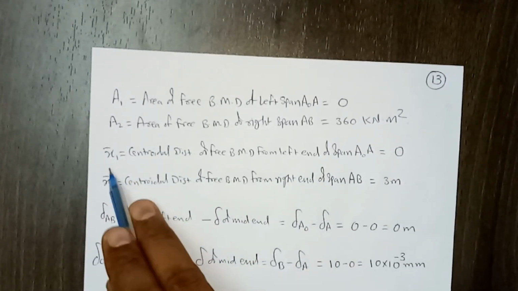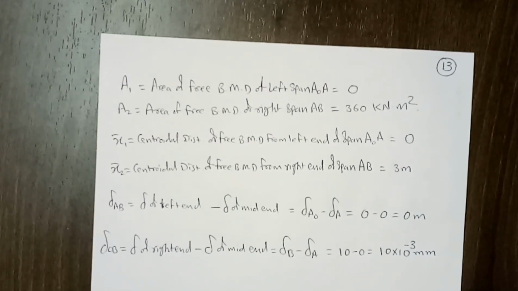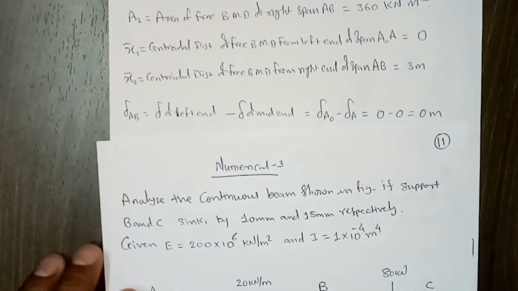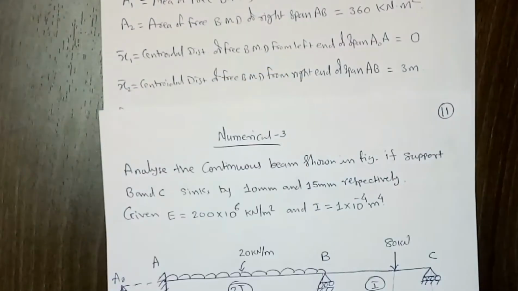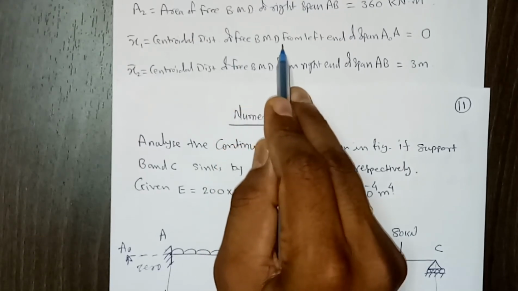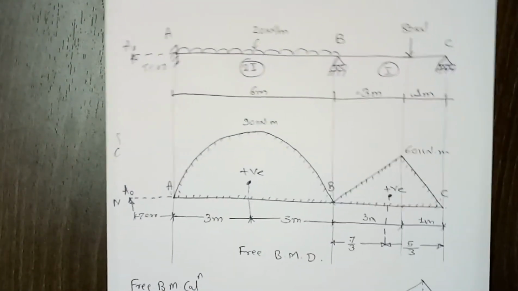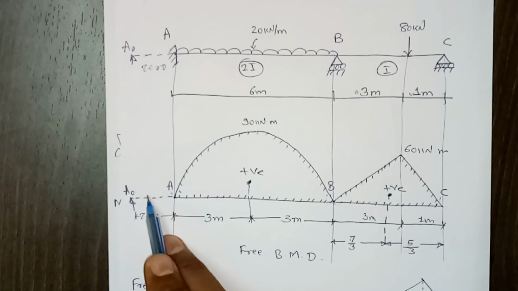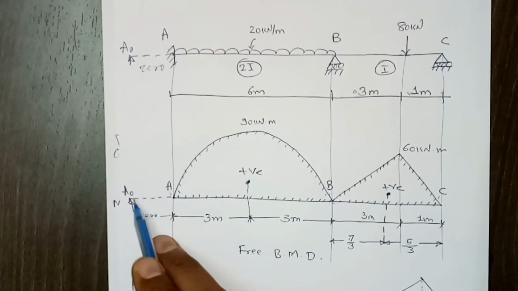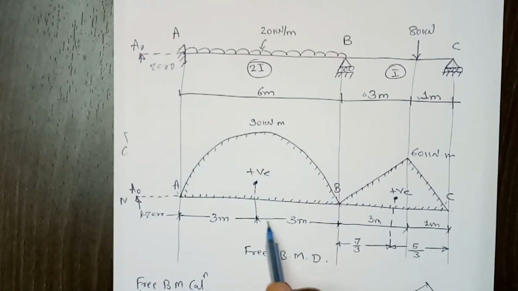Then this is important, x1 bar. So x1 bar is the centroidal distance of the free bending moment diagram from the left end support of the span. Since this is the left span, whatever the bending moment diagram on this span is, definitely it is 0, but by chance if we have something, then we should measure it from this end, and for the second span we have to measure it from this end.